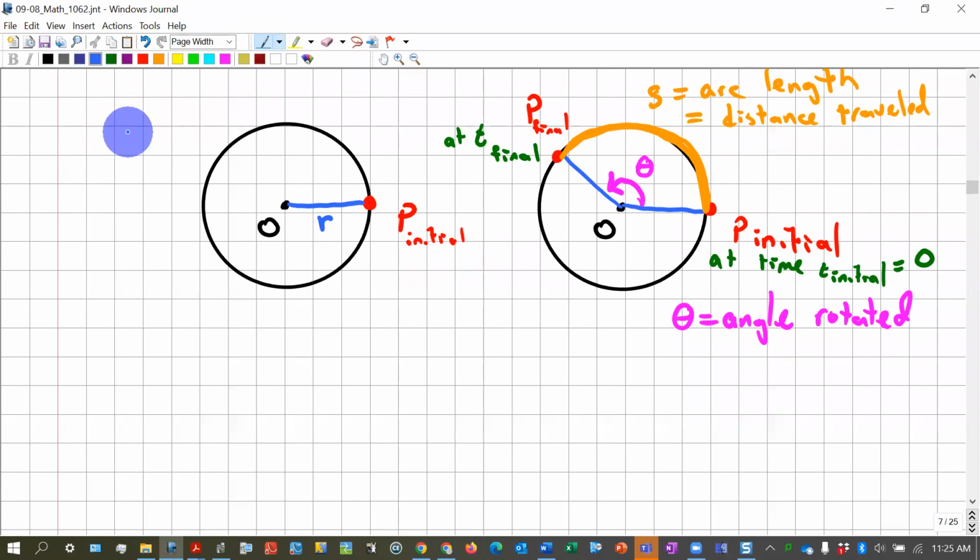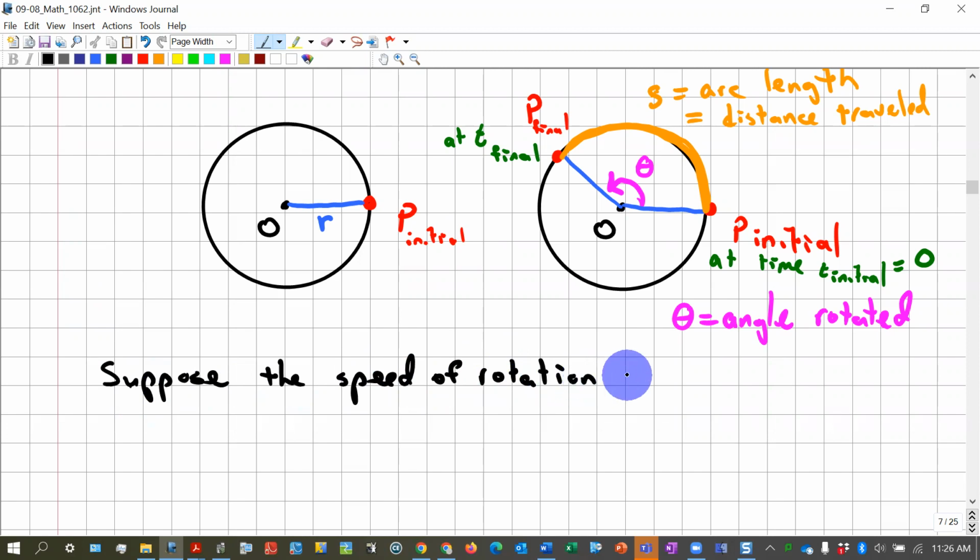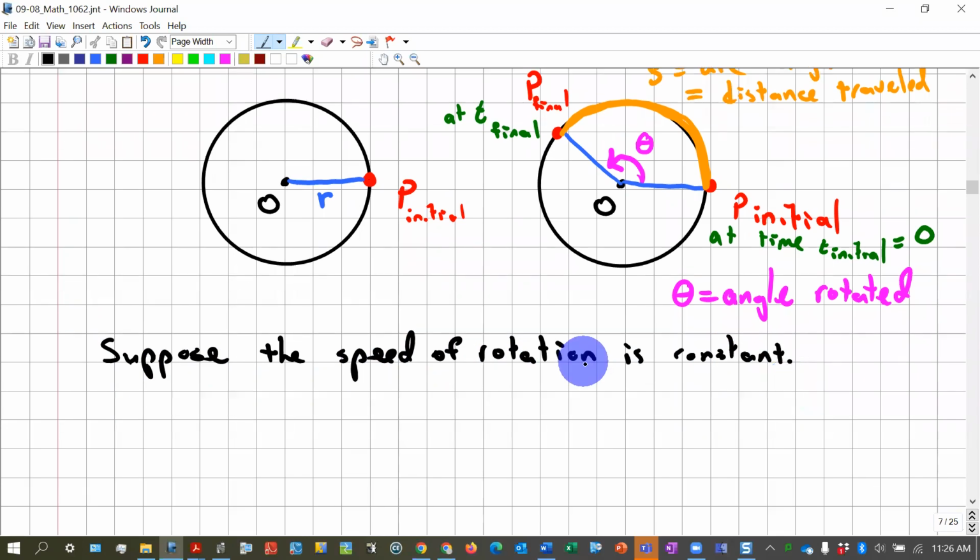And let's suppose the speed of rotation is constant. So again, uniform motion, but the speed of rotation is constant.